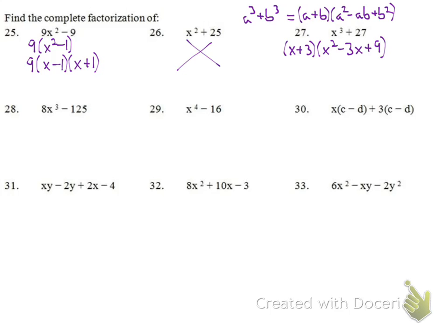That's the sum of two cubes, and when we have the difference of two cubes, which is next, if we look at this one, it's really 2x cubed minus 5 cubed. The only way this is different is for difference of two cubes, we change the signs, so it's going to be a minus b, a squared plus ab plus b squared.